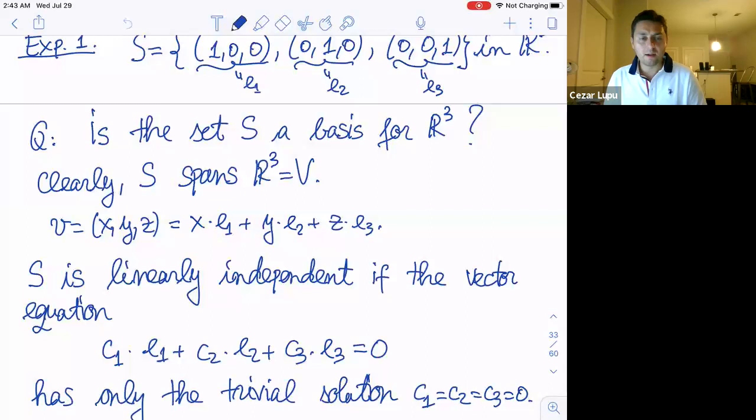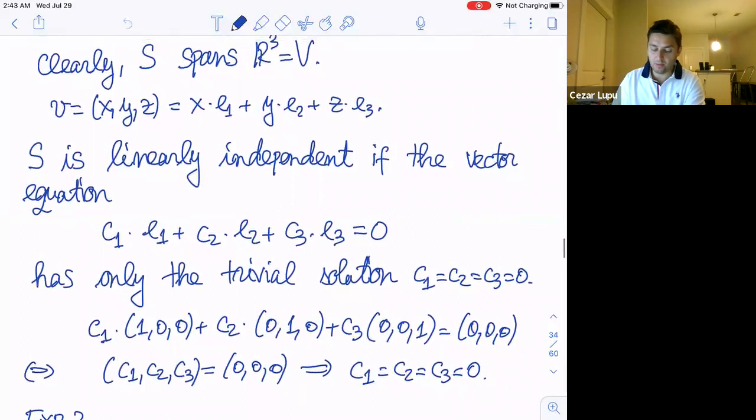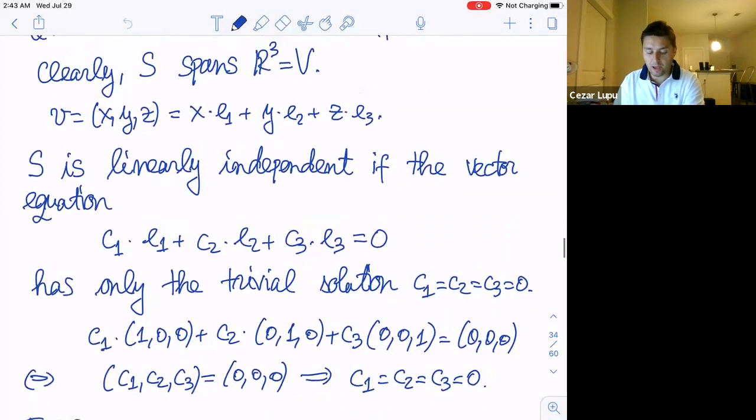If we do the standard operations with vectors on this equation, after some computations you'll have that (c1, c2, c3), this vector in R3, is the null vector.